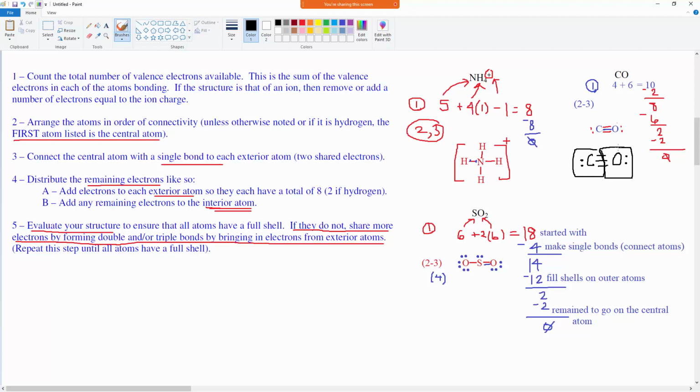And that would be kind of weird because carbon came in with 4 and oxygen came in with 6. But the stability that comes with having a full shell is more important than the stability that might come from having the number of electrons you came in with, right? So that's why we go with this model.